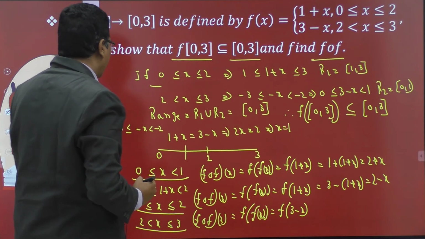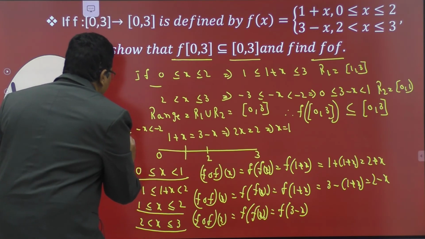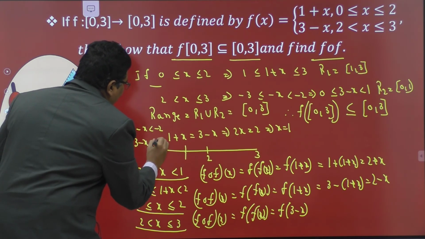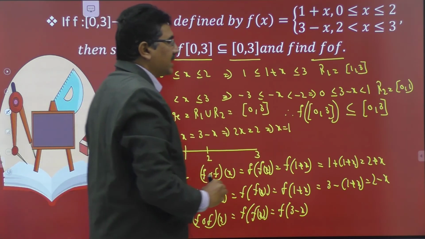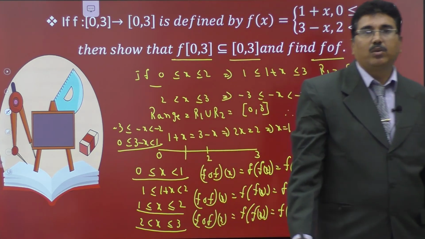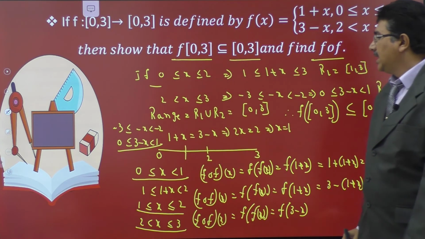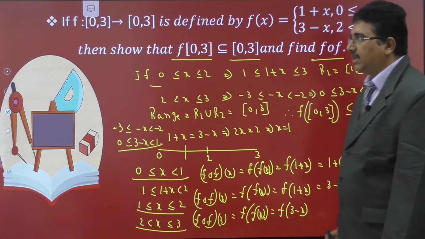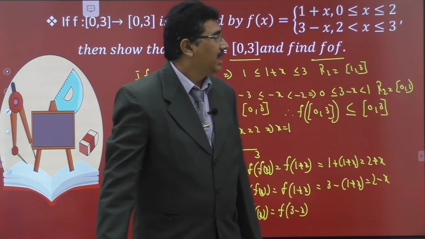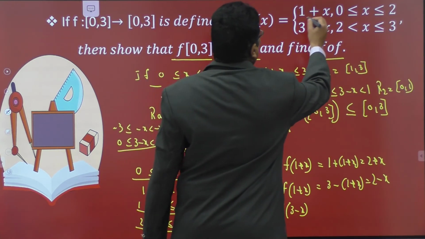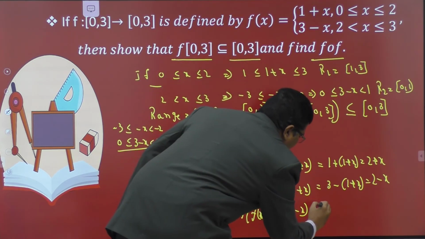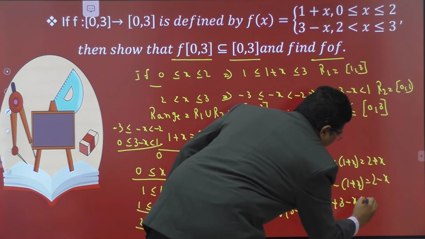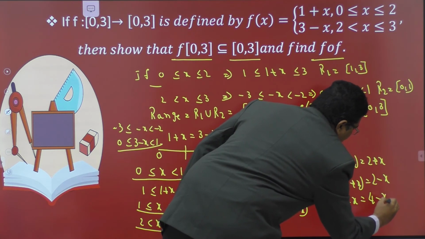Now adding 3, 0 less than or equal to 3 minus x less than 1. In 0 to 1, the image of this function is 1 plus x, that is equal to 1 plus 3 minus x, that is equal to 4 minus x.